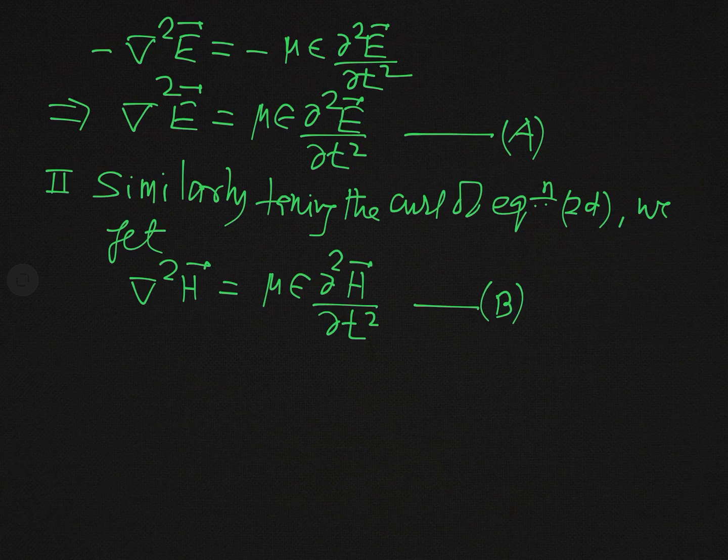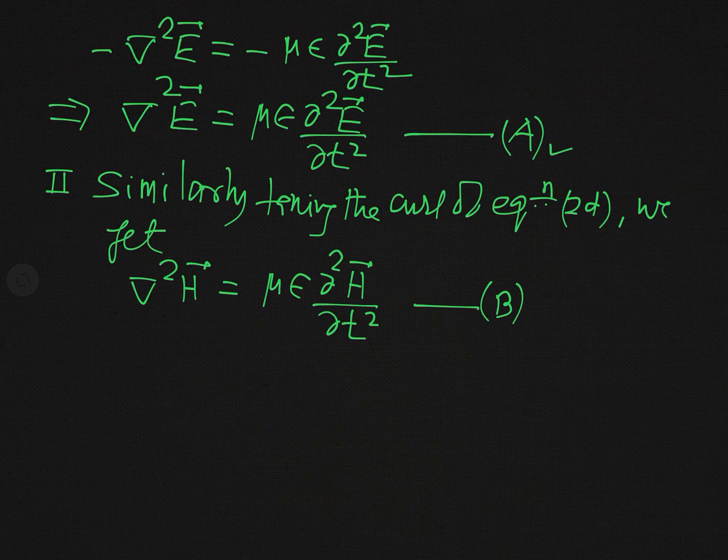You can simplify this result in the same manner as I have discussed just now in the above part, and so I have just written it directly without solving the Maxwell equation.